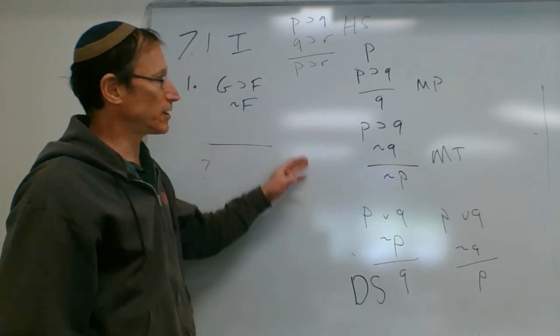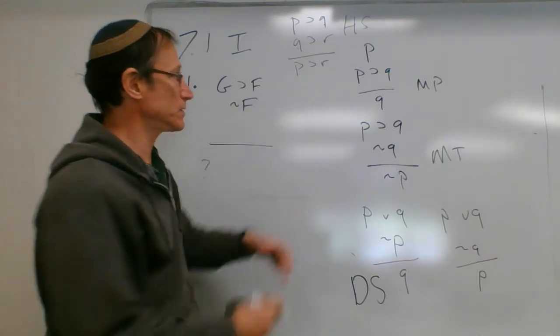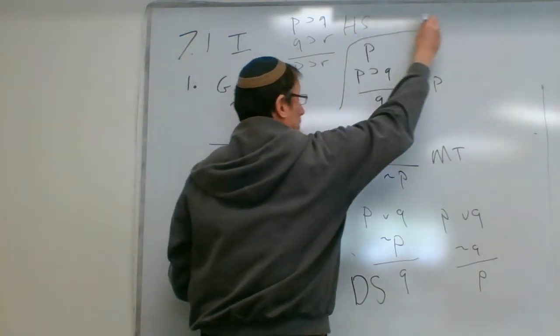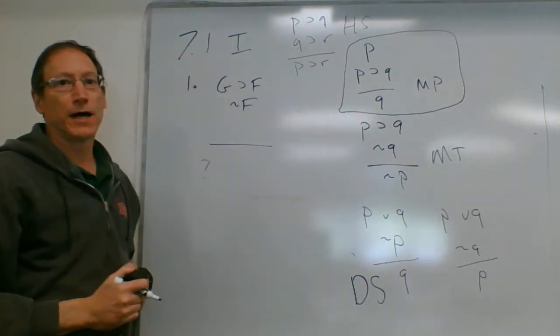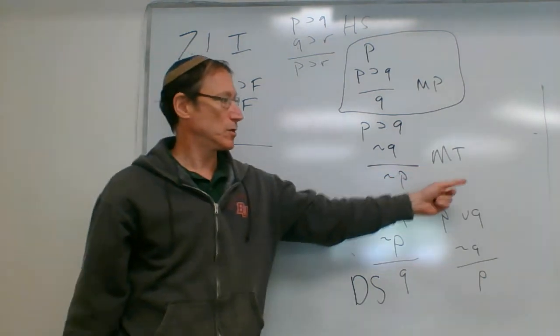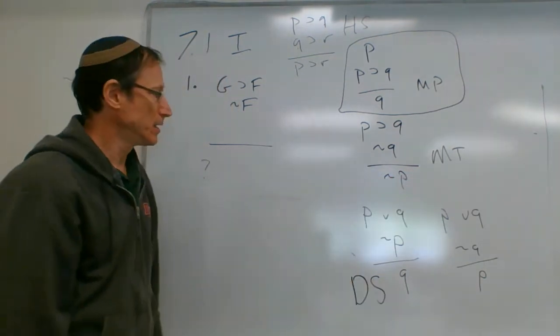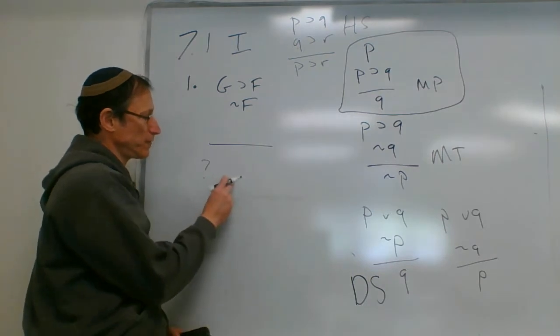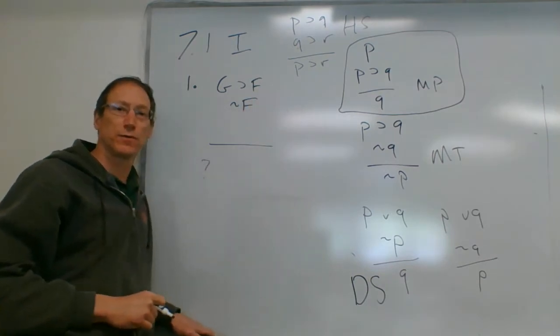Right now we're only talking about these 5 rules: hypothetical syllogism, modus ponens, modus tollens, or the 2 versions of disjunctive syllogism. Is there anything that you can infer here that would be a correct use of one of the rules?